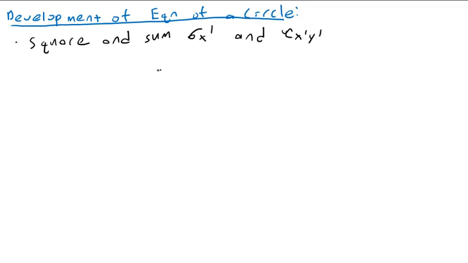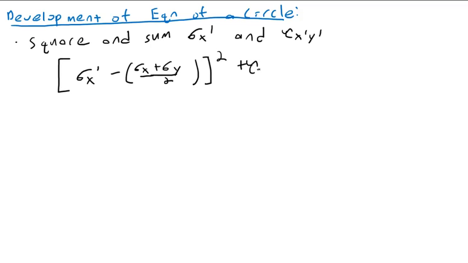So sigma x prime minus sigma x plus sigma y over 2, quantity squared, plus tau x prime y prime squared, and all of this will equal sigma x minus sigma y over 2, squared, plus tau xy squared.